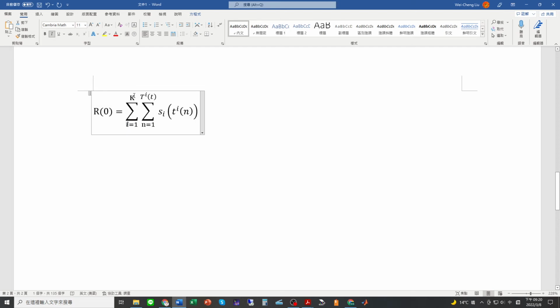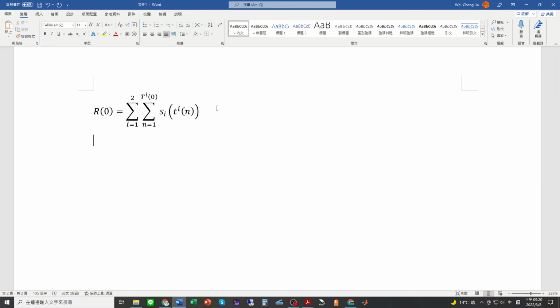Now k is equal to 2, which is the number of the channels. So t is equal to 0.